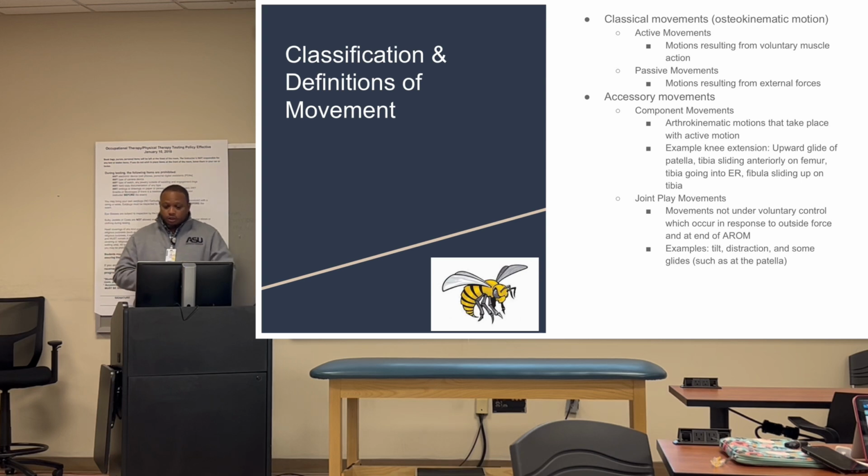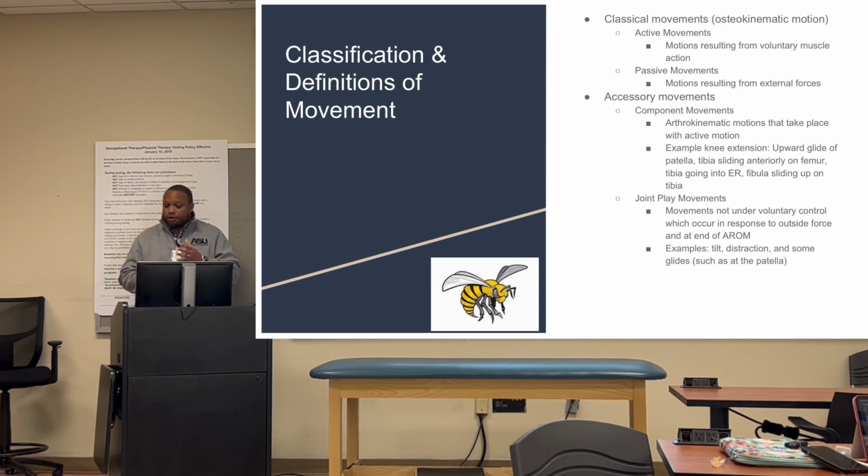Okay. So what would be an example of a component motion at the knee, like an upward glide of the patella, or the tibia sliding anteriorly on the femur, or the tibia going into external rotation, the fibula sliding up on the tibia. Those are examples of component motion. Then with joint play motion, those are movements that are typically not under the voluntary control of muscle or muscle tendon units.